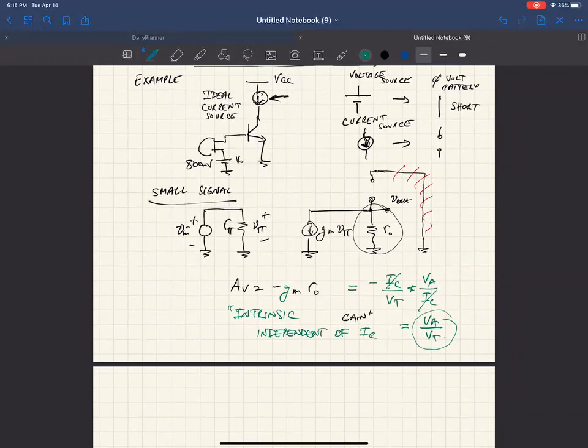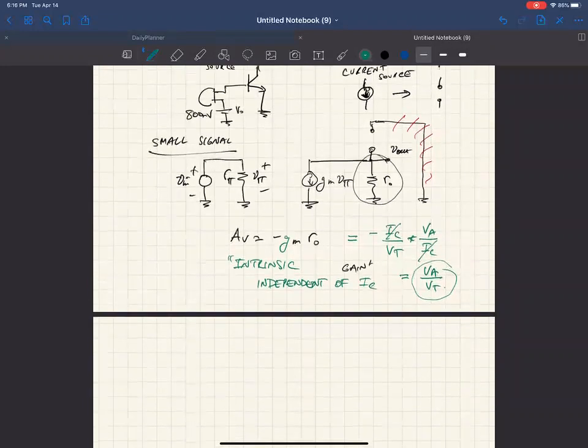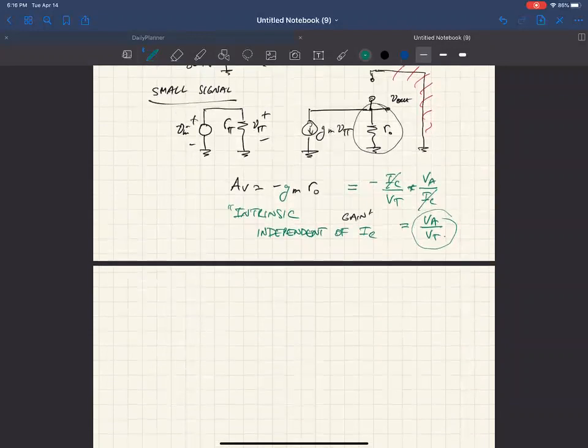Okay, so that was all about the common emitter gain stage. Now let's move on to some of the other things that are important for amplifiers.